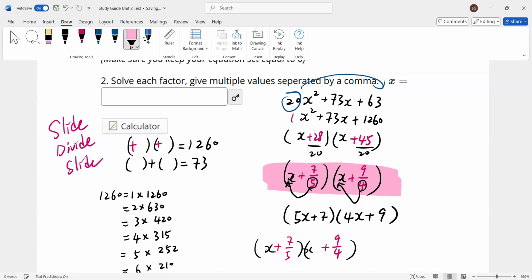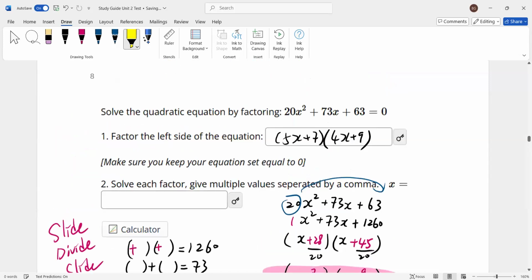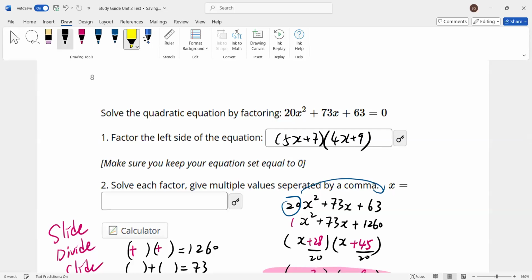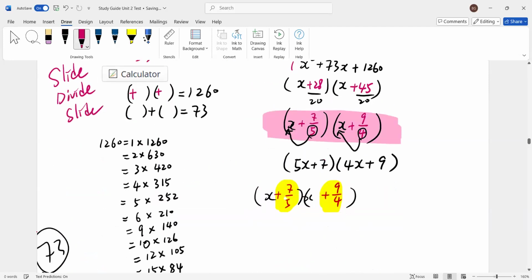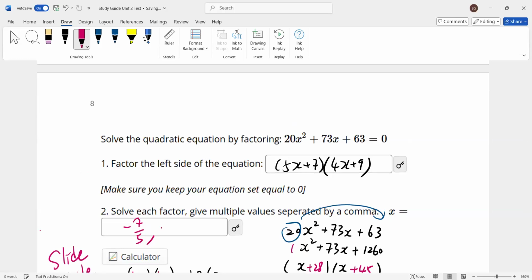The solutions of the original equation are the opposites of those two numbers I had in yellow. So negative 7 over 5, comma, negative 9 over 4.